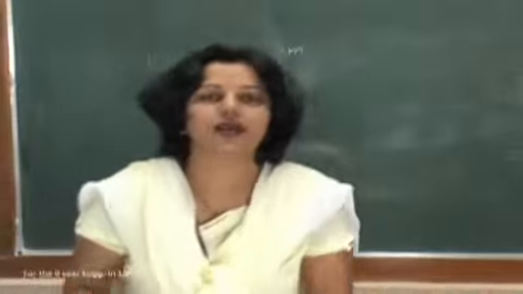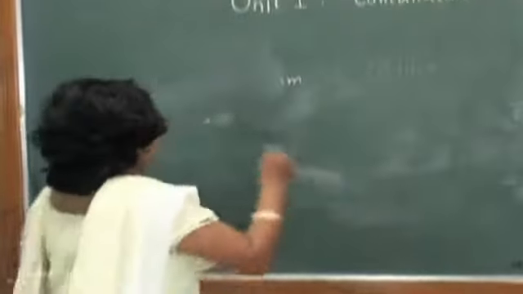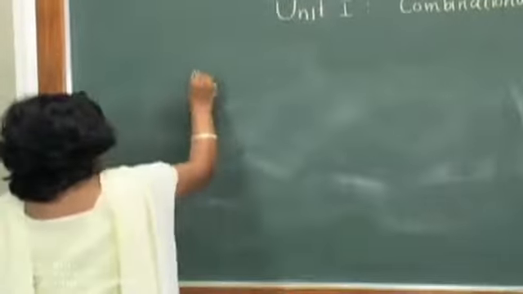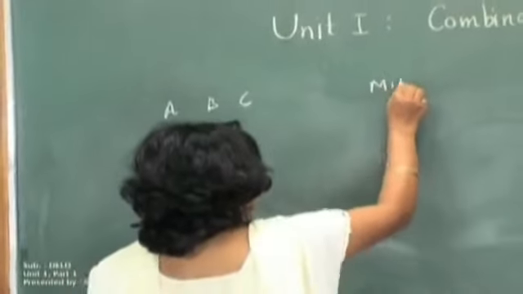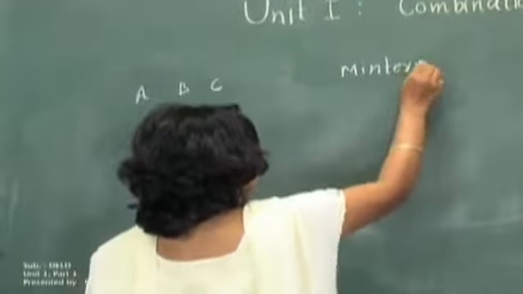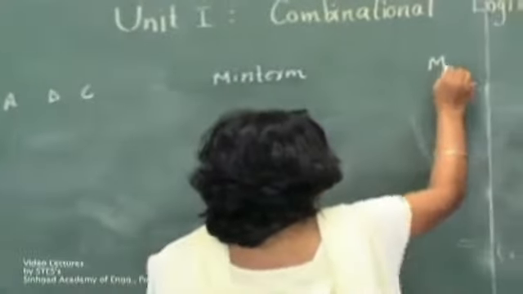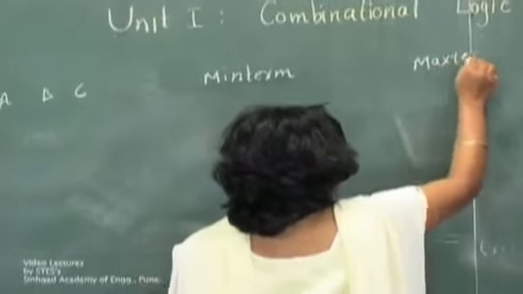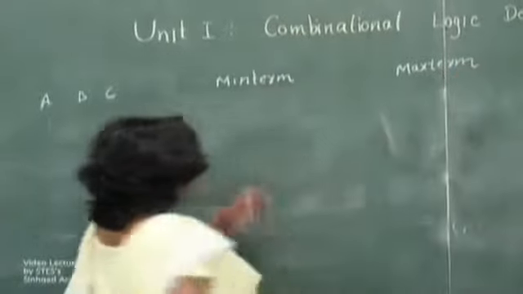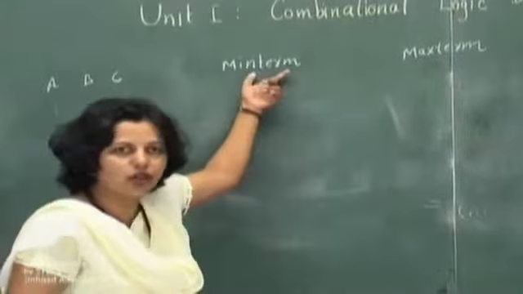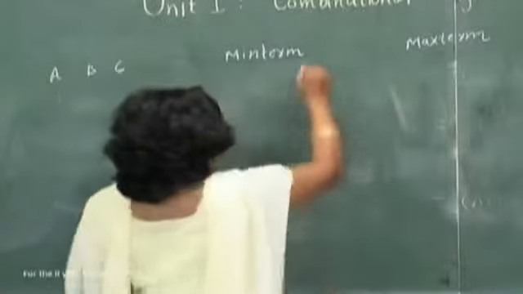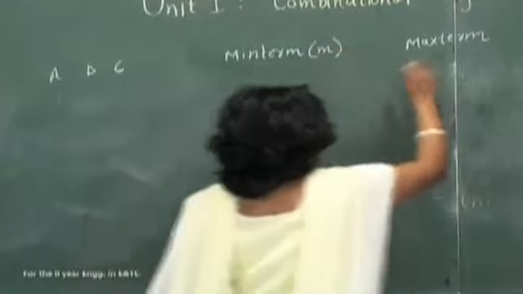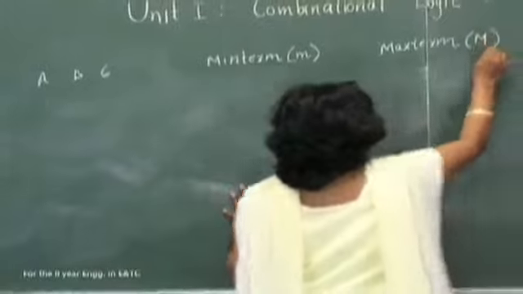Let us do it for three variables. So the variables we are taking here are A, B, C. Let us find out the min term of ABC, and similarly the max term. Again I'll repeat, min term is nothing but the standard SOP form and max term is nothing but the standard POS form. Min term is represented as small m, whereas max term will be represented as a capital M.